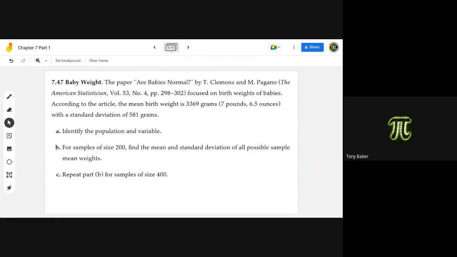So what's the standard deviation for a sample size of 200? I haven't actually done it, so I'm going to assume you're right. You did that divided by the square root of 200, and you got what? 41.08? That sounds reasonable.